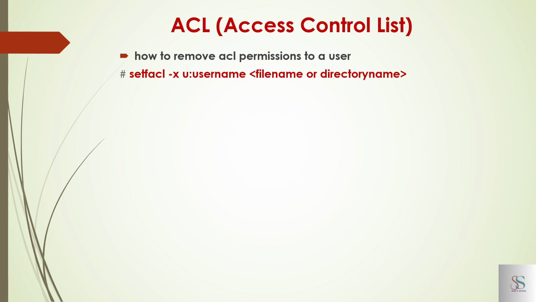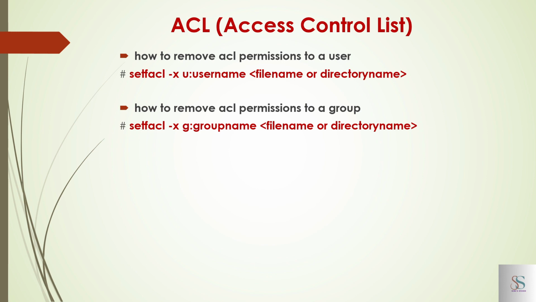How to remove ACL permissions for a particular user. setfacl -x, then the username, means that particular user no longer needs the permissions. It will remove the permissions on the particular file or directory. How to remove ACL for a group is the same: instead of u, we use g, and give the group name.